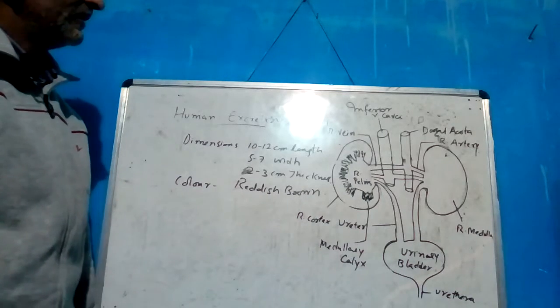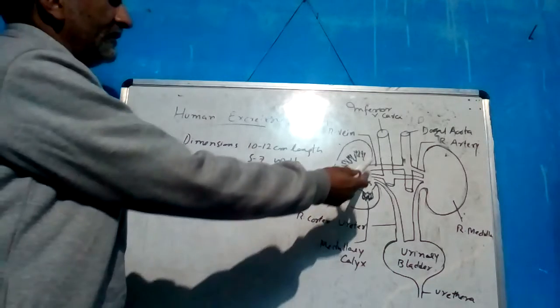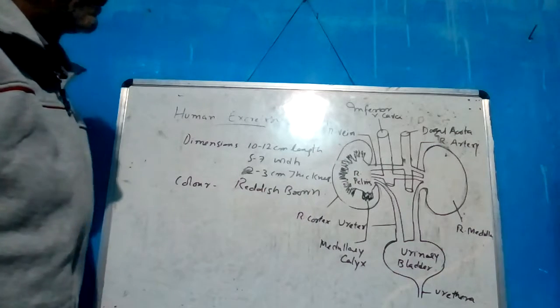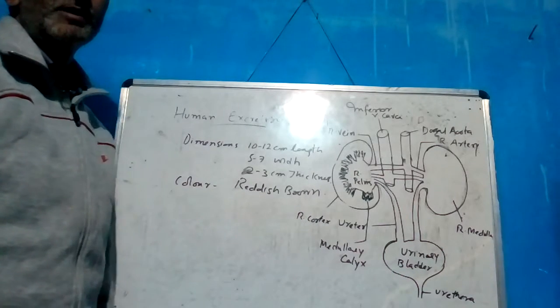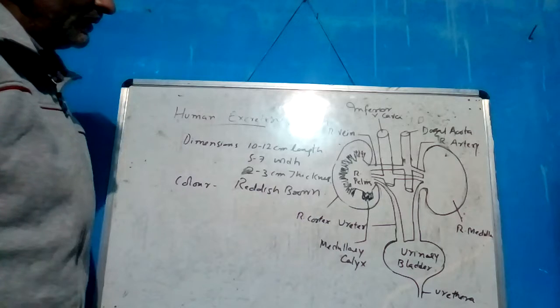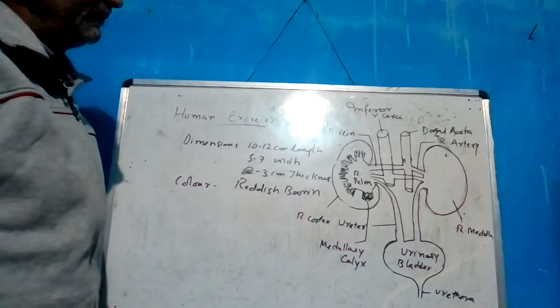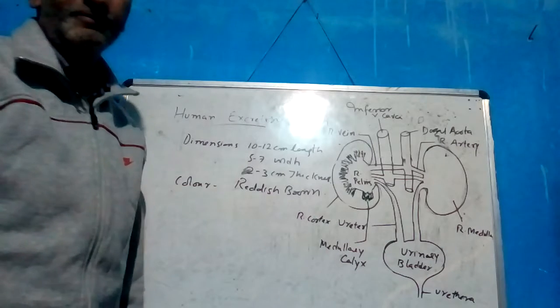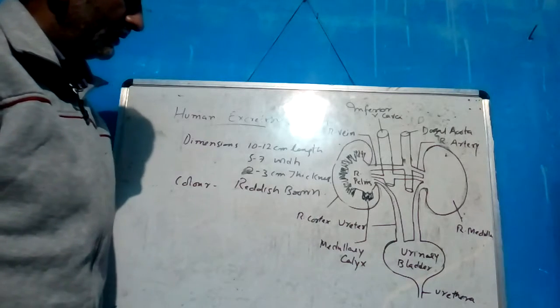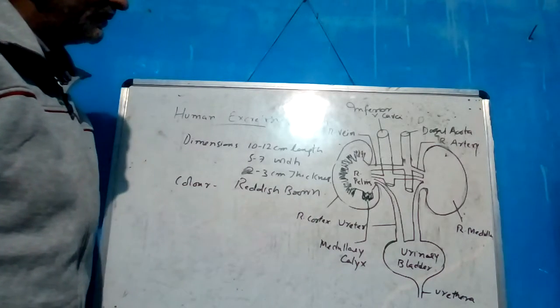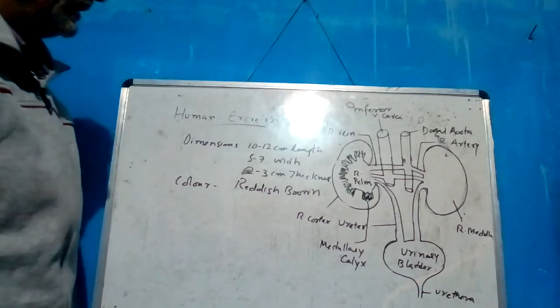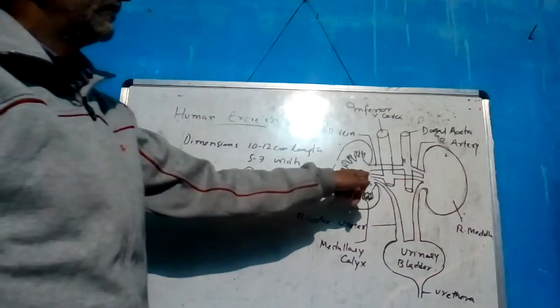It primarily consists of a pair of kidneys which are placed in the abdominal cavity, and they are reddish brown colored, usually bean shaped, having convex and concave faces.